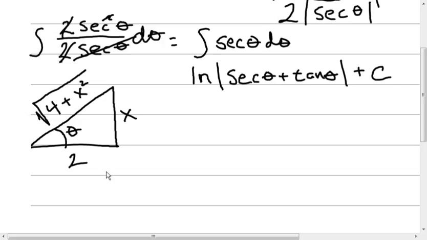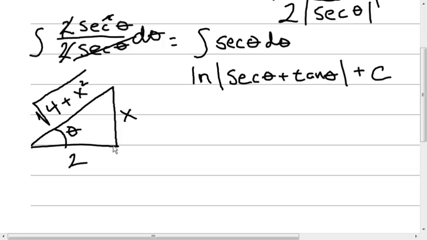Now, using this triangle, we can decode any of our trig functions. Secant is the reciprocal of cosine, and therefore secant theta will simply be the hypotenuse divided by the adjacent. Tangent is the opposite divided by the adjacent.